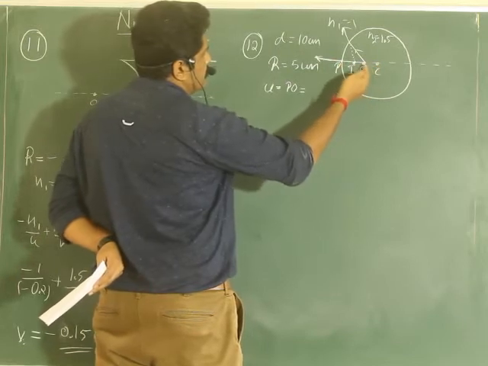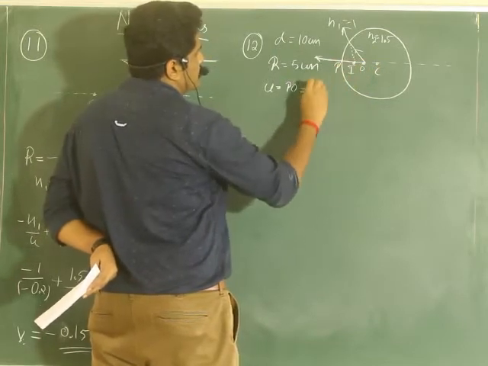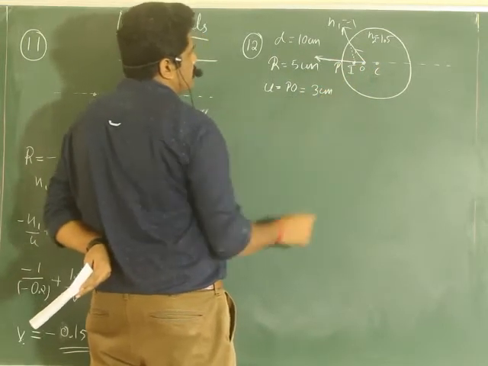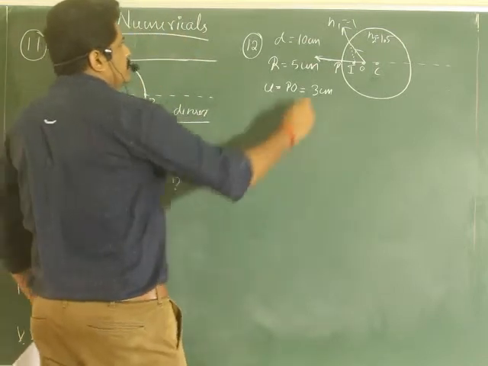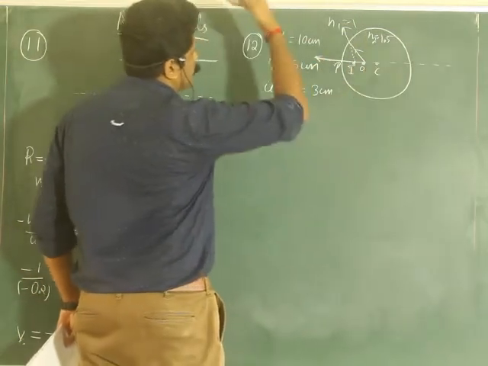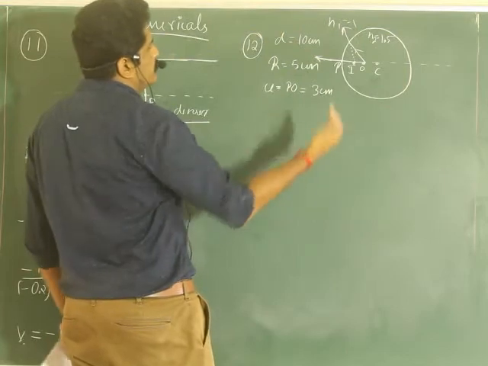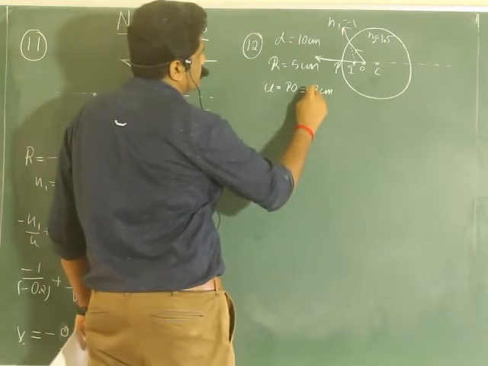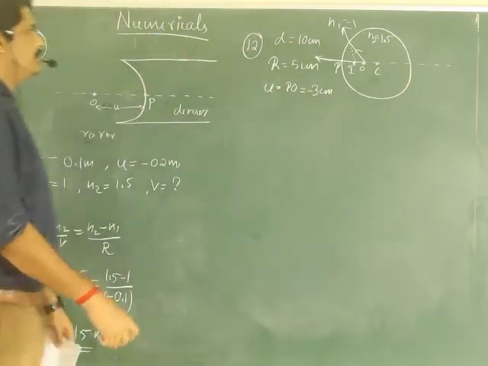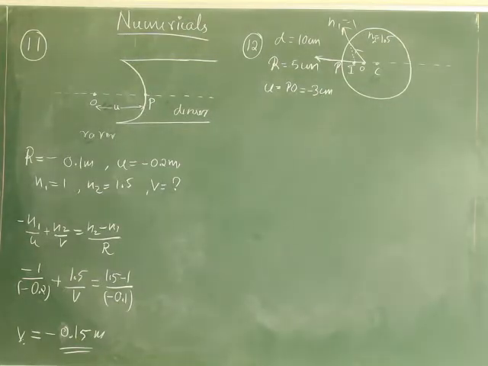From the center it is kept at a distance of 2 cm, so the remaining is 3 cm. But it is measured from the pole to this side, and the light direction is in the opposite direction. Light is going in the left direction, so it is minus 3 centimeter, because we are measuring in the direction opposite to that of the light direction.